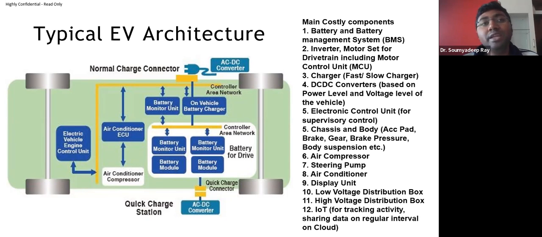Whenever you are designing, that is the reference ground for designing your low voltage system or 24 volt system. So definitely there is some high voltage system. If the high voltage system shorts to there, what will happen? There is a chance of damage of that component or even to the passenger. So to ensure the safety, you have to put some leakage sensing also, and that is very important.